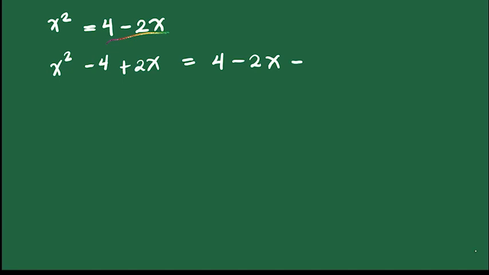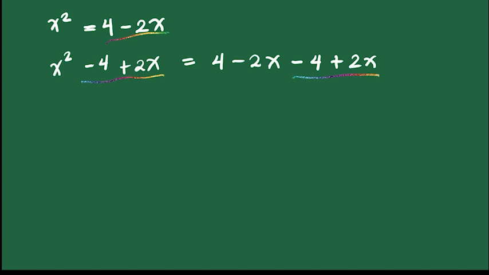So minus 4 plus 2x. As you can see, we added negative 4 and 2x on the left side, and negative 4 and 2x on the right side.